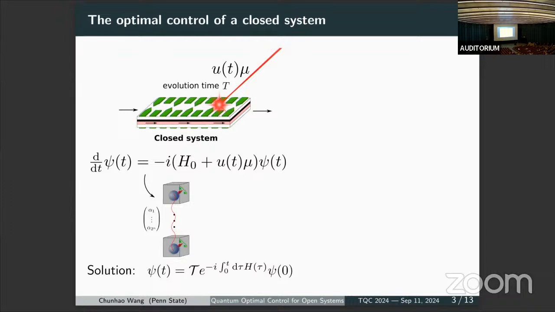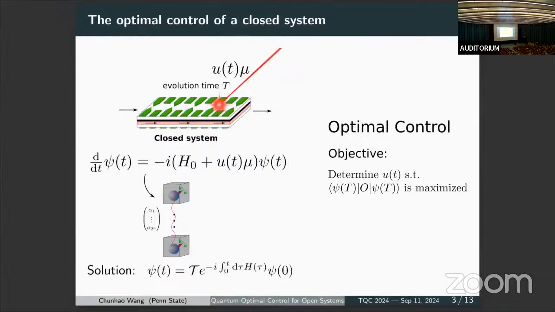Then for the optimal control problem, the objective is to determine a control function u of t so that this objective value is maximized with respect to this observable O.